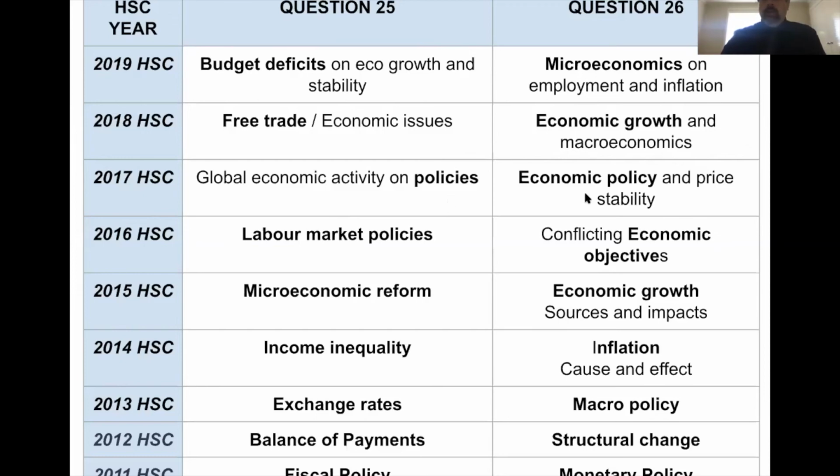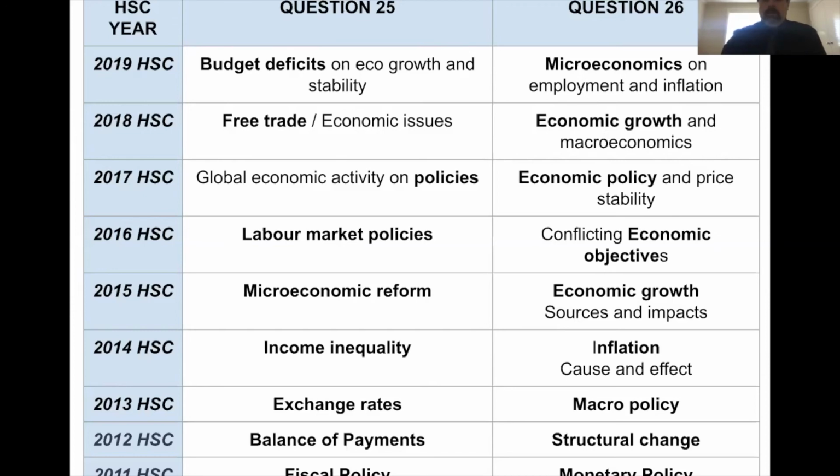So we're looking at budget deficit policy, microeconomic policy, free trade and economic growth policies. Obviously it's a given that we need to know our macro, micro and labour market policies in quite a fair bit of detail. In 2016, conflicting economic objectives, and again that would be linked to policies. We've got microeconomic growth in 2015, and you can see the rest of those there.